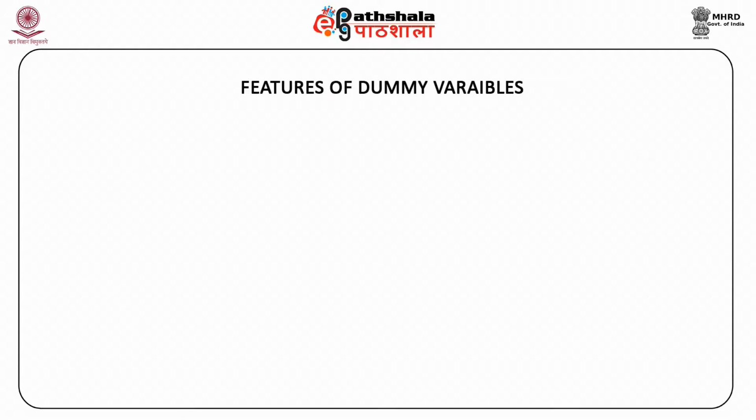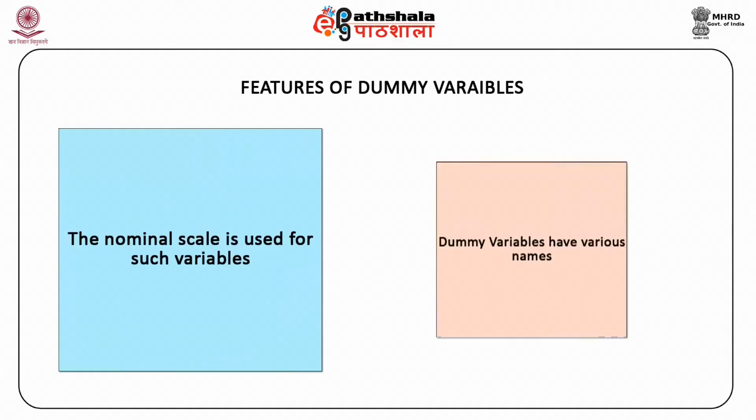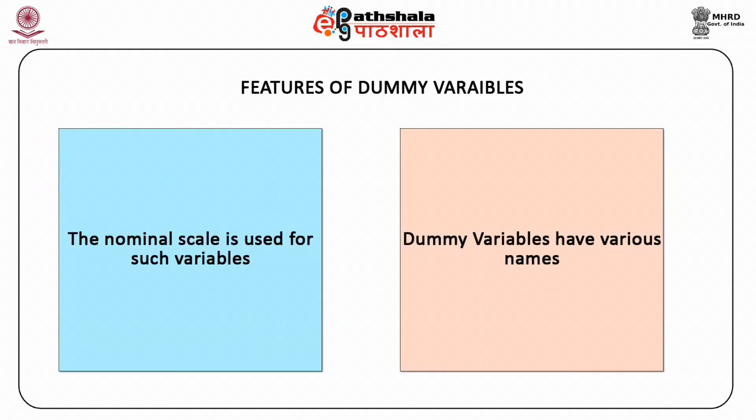The nominal scale is used for such variables as variables in this category have none of the features of the ratio scale variables. Variables such as gender, for example male and female, or marital status, which means married, unmarried, divorced, separated, they simply denote categories. Now the question arises that why dummy variables cannot be expressed on the ratio, interval, or ordinal scales.